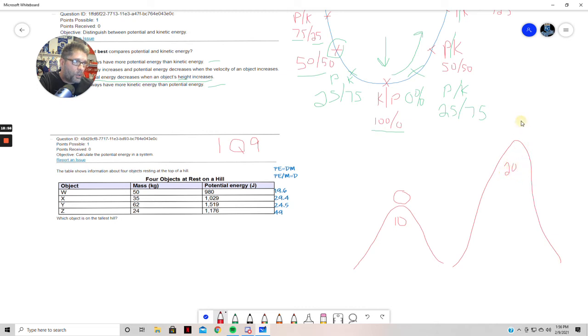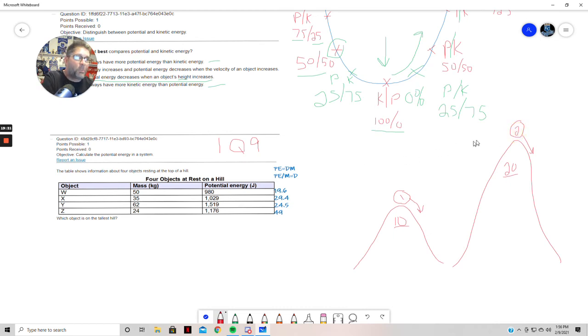Now based on what you chose, we would say that this one at 20 would have less potential energy than the one at 10. So when they start rolling down, let's see, I'm going to say ball 1 and ball 2. Based on what you chose, we would say that ball 2 would have less potential energy.